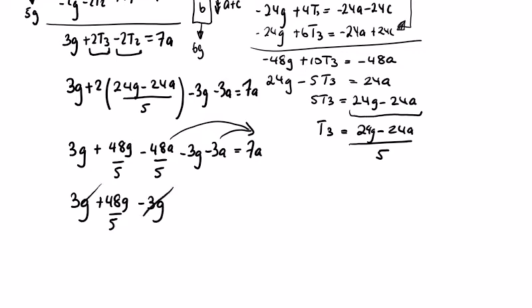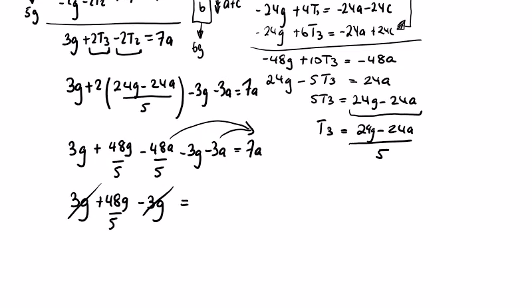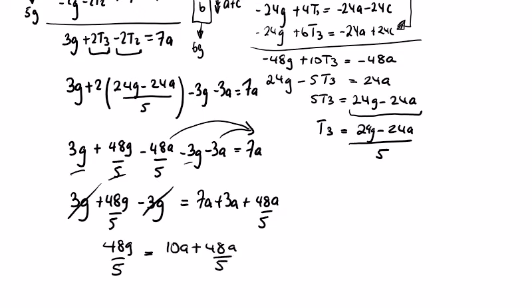I should have cancelled them, I didn't see that. Is equal to, just double checking I'm including everything, I've got my g, yes, I'm bringing across 7a, 3a, and 48a over 5. So I'm left with 48g over 5 is equal to 10a plus 48a over 5.